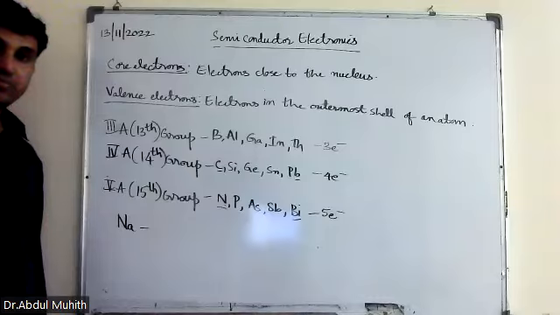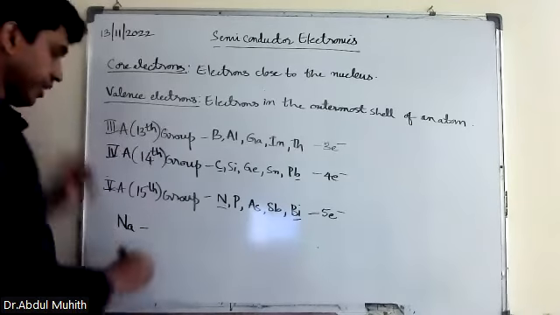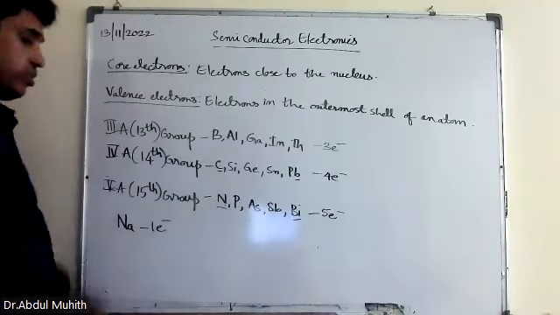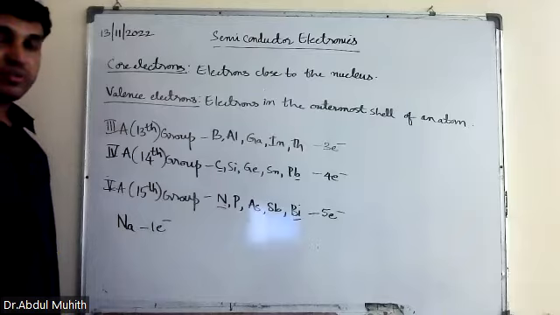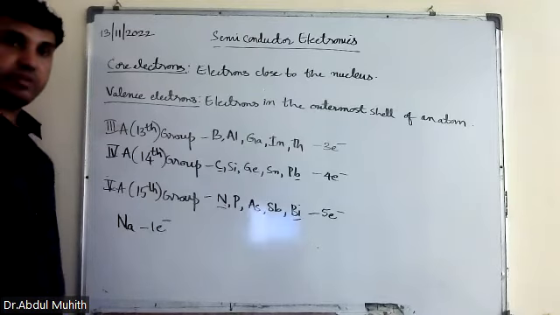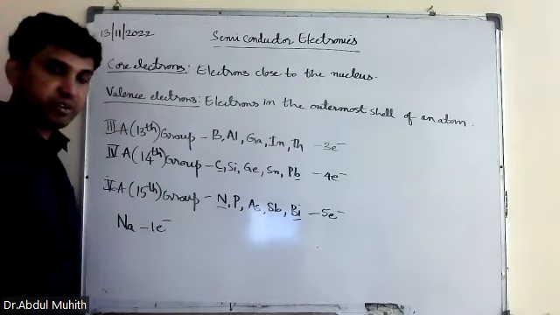So sodium valence is 1. Only 1 electron in the outermost shell. If you go by the octet rule, neon is completely filled, and then only 1 electron is left.